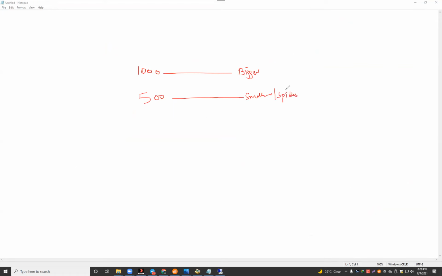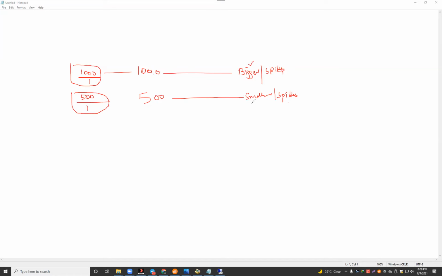The broker promises that within 1,000 ticks, you will get one spike, and within 500 ticks you will get one spike. So this is one security. In the 1,000, you will get the big spikes.